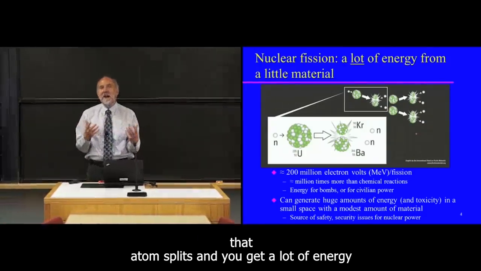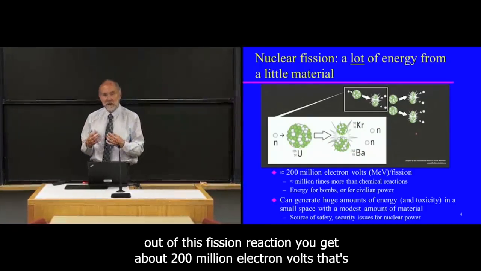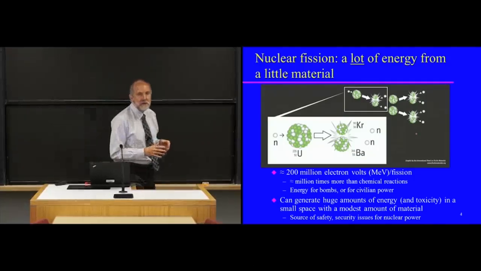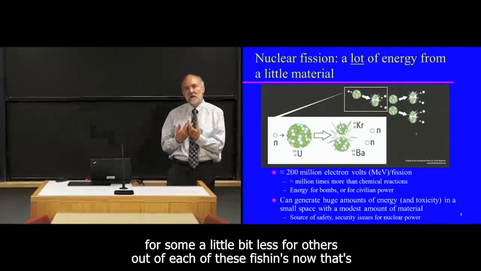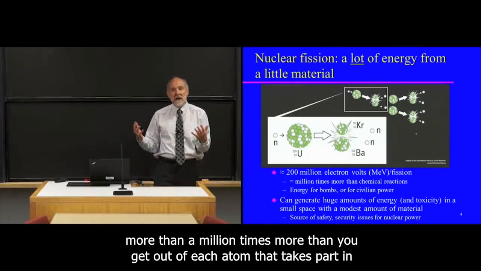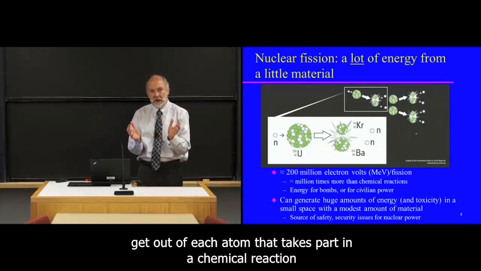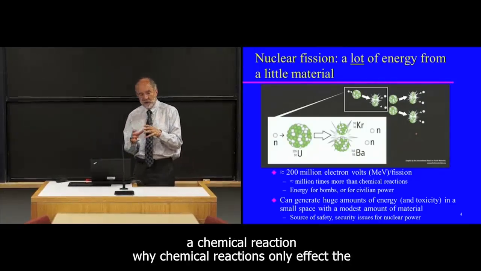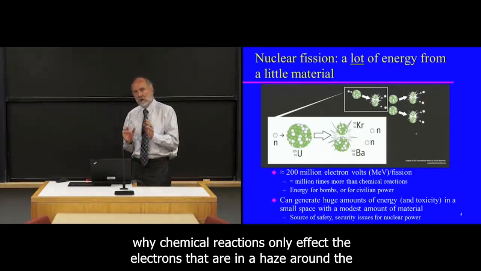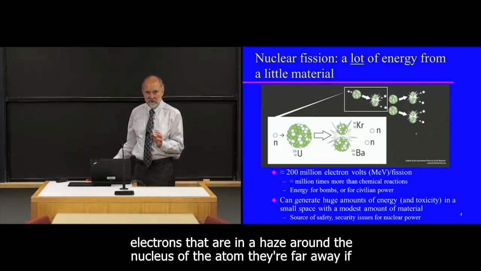And you get a lot of energy out of this fission reaction. You get about 200 million electron volts. That's a very rough number, a little bit more for some, a little bit less for others, out of each of these fissions. Now that's more than 1 million times more than you get out of each atom that takes part in a chemical reaction. Why? Chemical reactions only affect the electrons that are in a haze around the nucleus of the atom. They're far away.